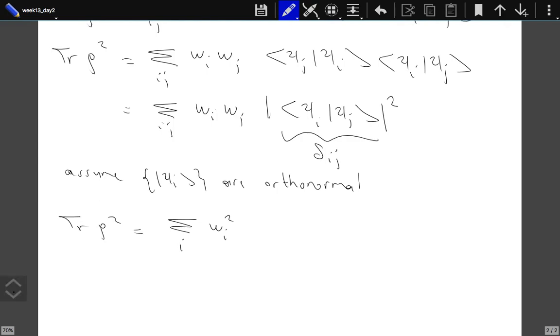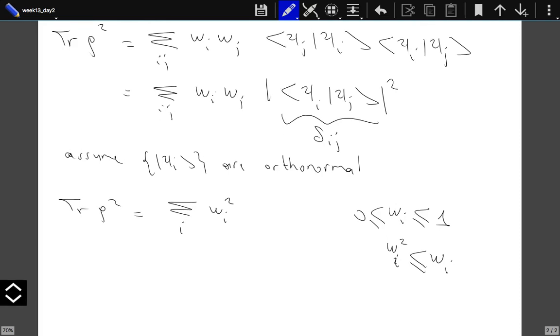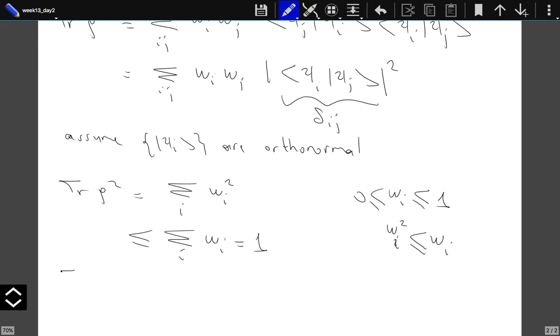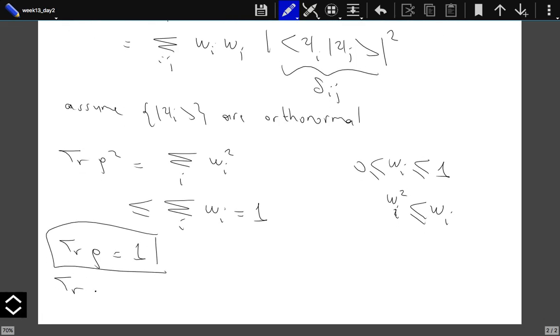And keep in mind that omega I is less than or equal to 1. Well, this tells me that omega I squared is always less than or equal to omega I. So this is less than or equal to sum over I of omega I, but the sum of omega I is nothing but 1. So trace of rho is equal to 1, but trace of rho squared is less than or equal to 1.